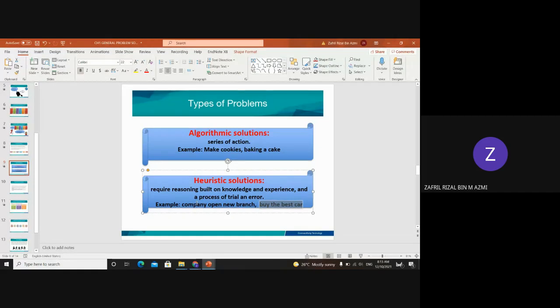Okay, for example, we want to develop prediction software.